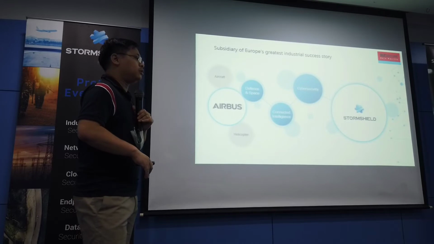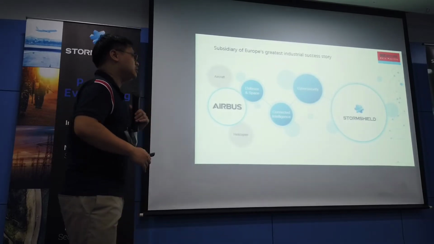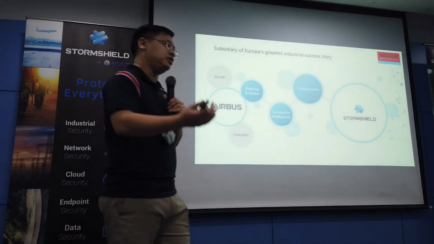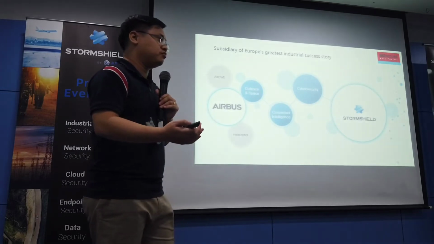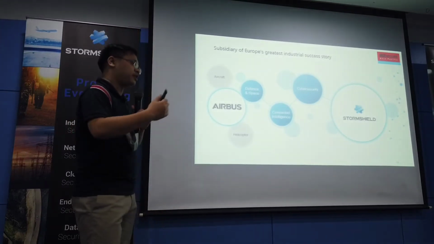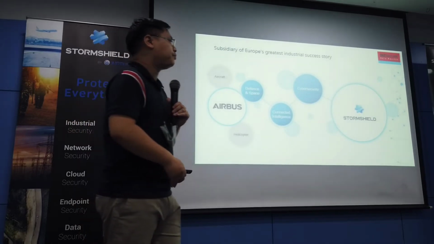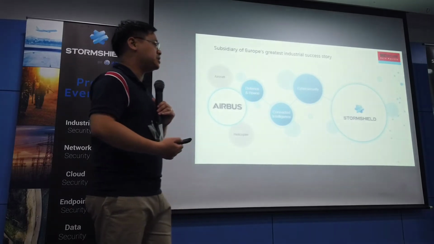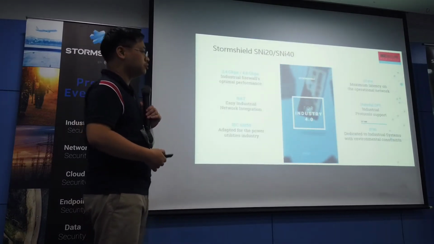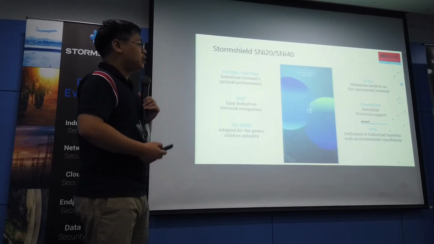So the decision maker, if I can say, in the end, is going to be Airbus. But Stormshield is a completely self-autonomous entity. They create their own firewalls, their own products, and what's important is that they create a dedicated next-gen firewall model for the OT.